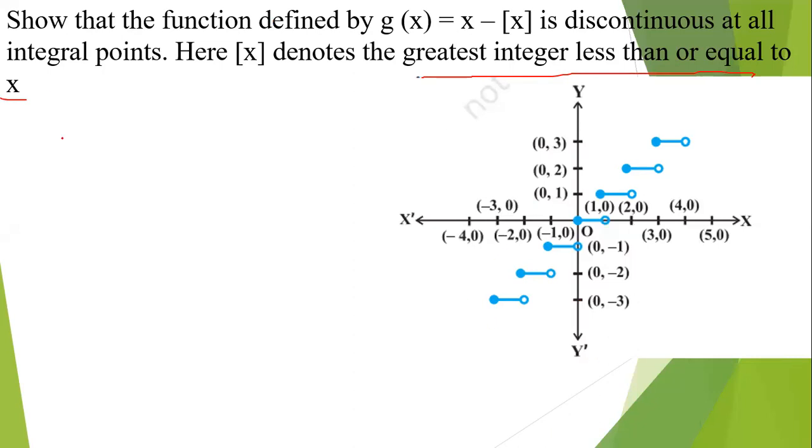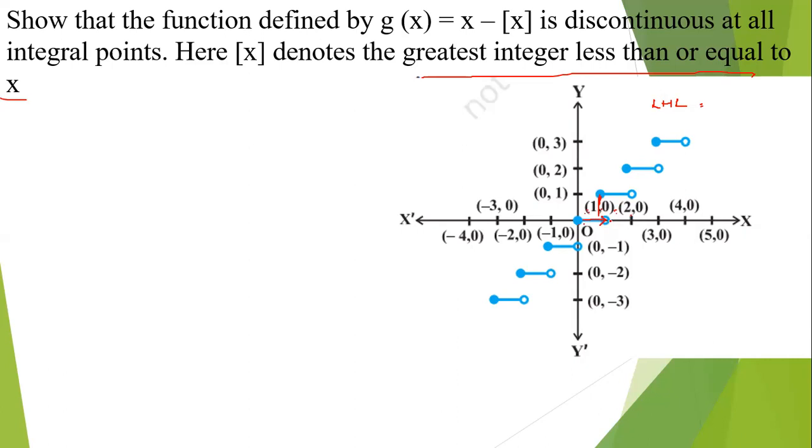So here, what will be f of 1? See, if you take the left hand limit and right hand limit for 1, the left hand limit will always be less, isn't it? It will be 0.